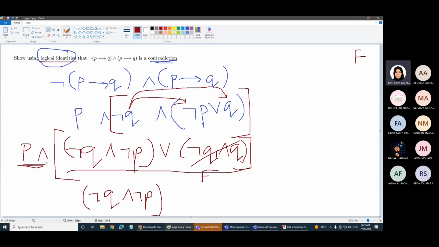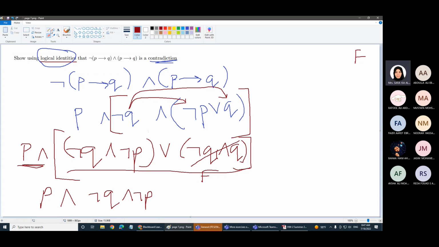And I must not forget that outside I have P and. Then here and here I can easily remove these parentheses. Why? Because it is the same operator.